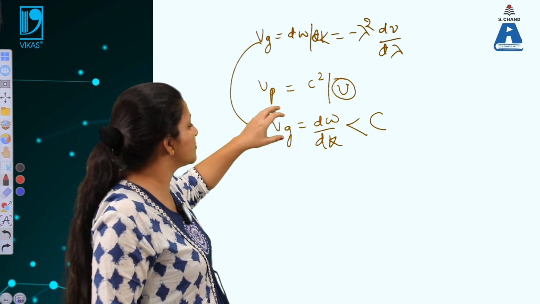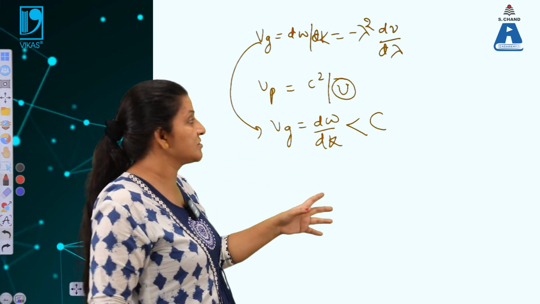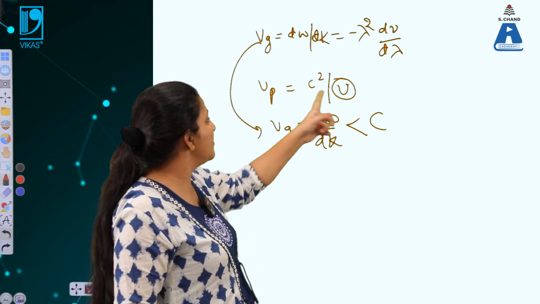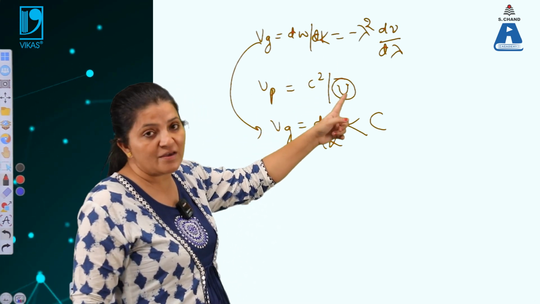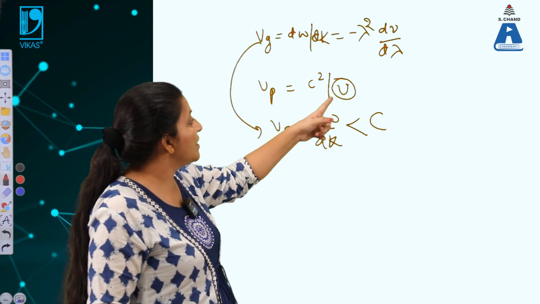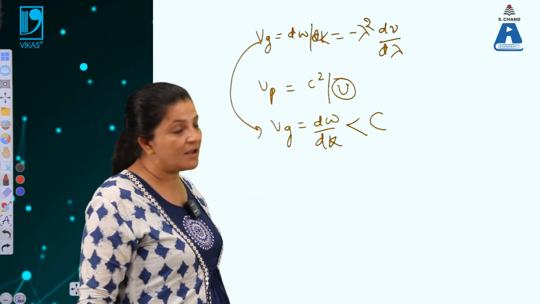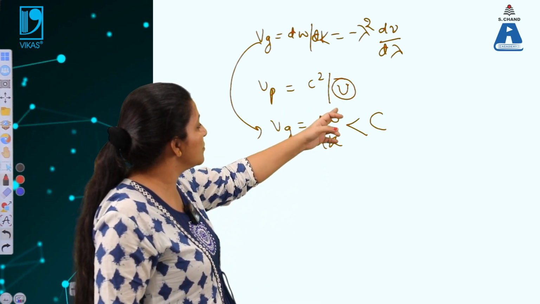While the phase velocity is the velocity associated with a single wave, that is not possible, because the expression is c square by v, and v is the velocity of a particle. We know that any particle can never achieve the velocity of light; v is always less than or equal to c.